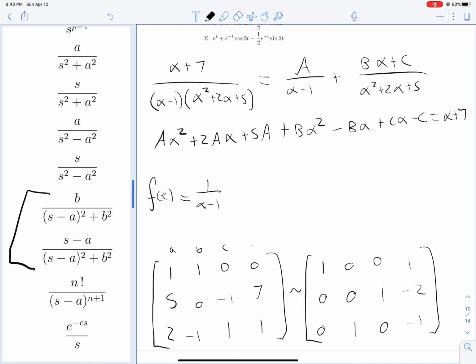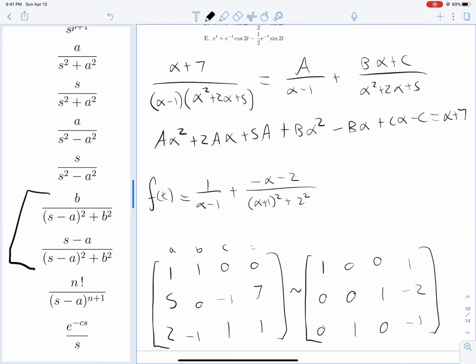We can take the inverse Laplace transform of that, no problem. And then we have plus B alpha, which is negative alpha plus C minus 2, all divided by alpha squared plus 2 alpha plus 5, but I'm going to rewrite that as alpha plus 1 squared plus 2 squared.